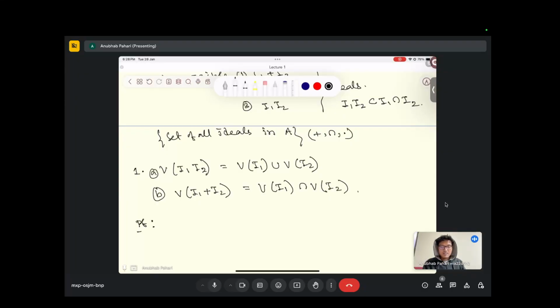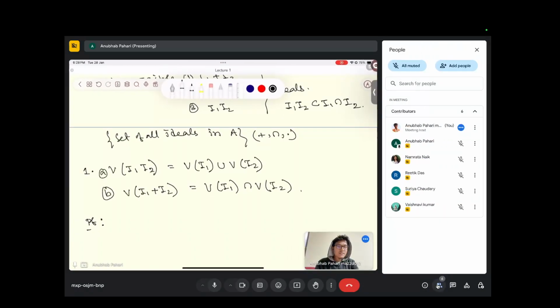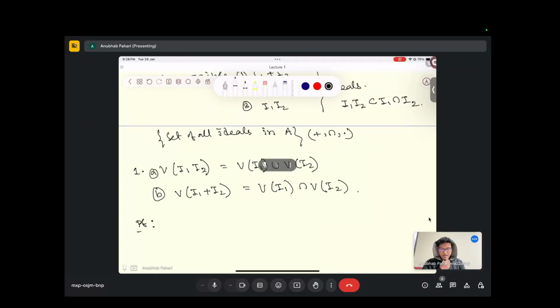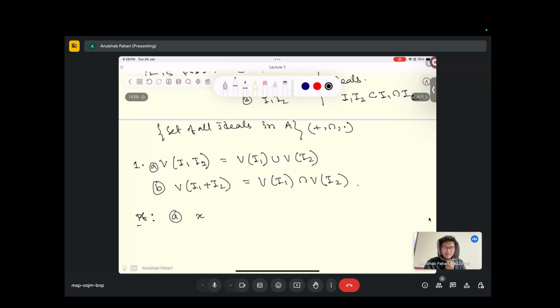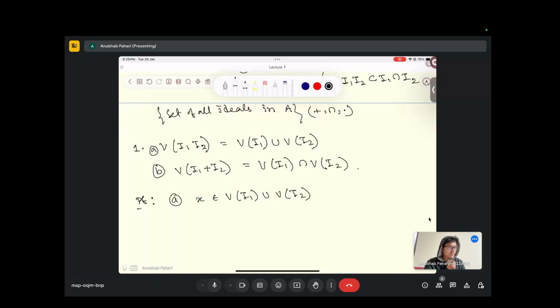Okay, so I shall start. For the first proof, you can see that if my x belongs to V(I1) union V(I2), then let either x belongs to V(I1) or x belongs to V(I2).